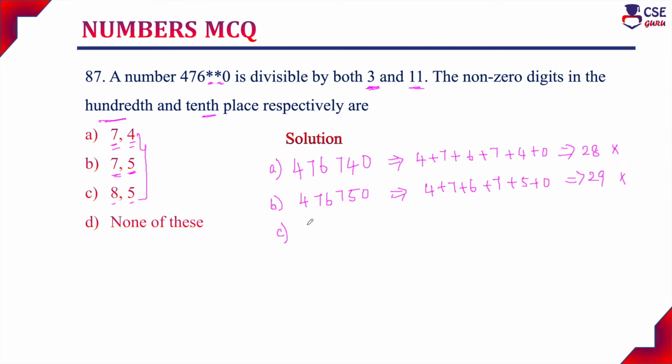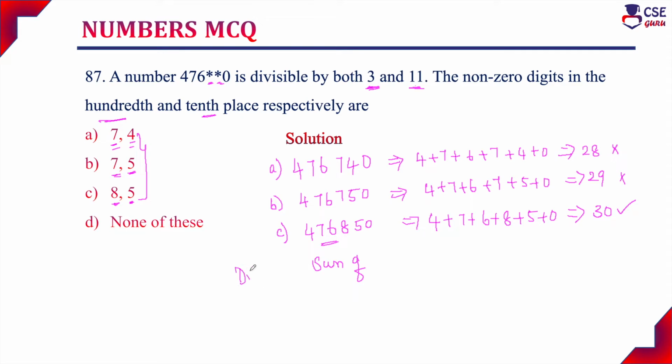Then option C: 4, 7, 6, the 100th digit value is 8 and the 10th digit value is 5, then 0. Its sum is 4 plus 7 plus 6 plus 8 plus 5 plus 0, which is 30, and it is divisible by 3. Now we will check with the same number whether it is divisible by 11.